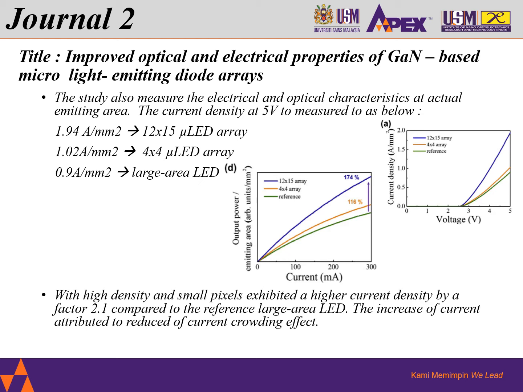With the high density and small pixels, the current density is higher by a factor of 2.1 compared with the larger LED. This is an increase of the current distribution to reduce the current crowding effect.